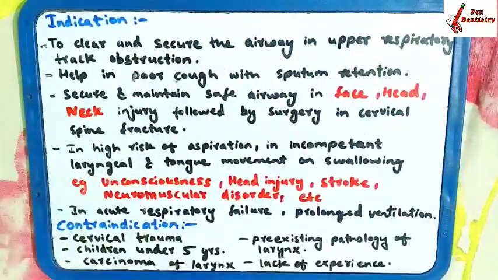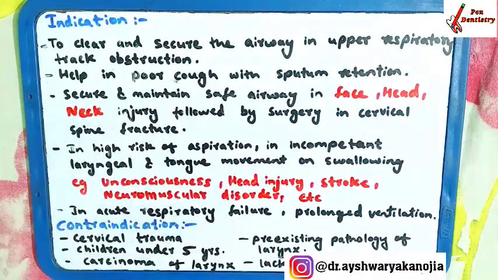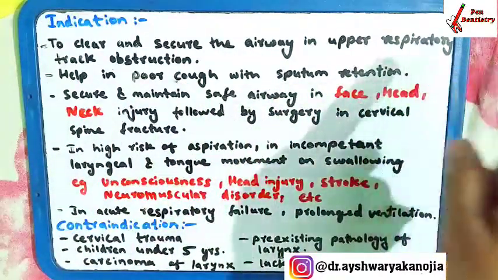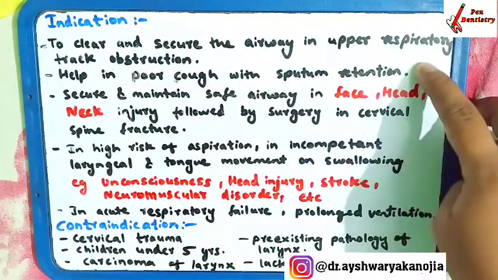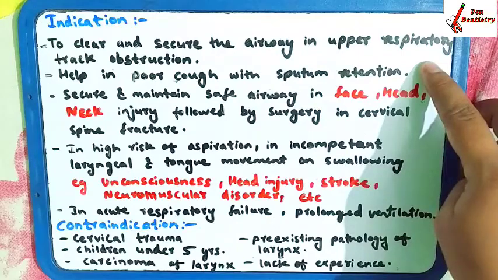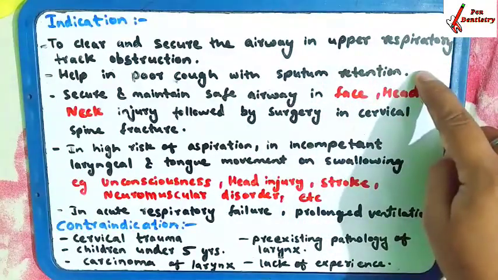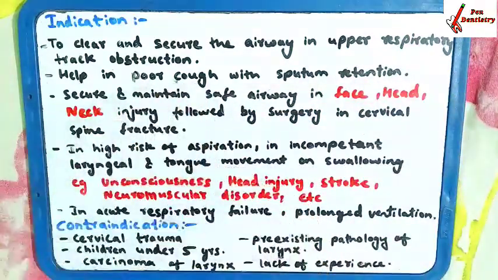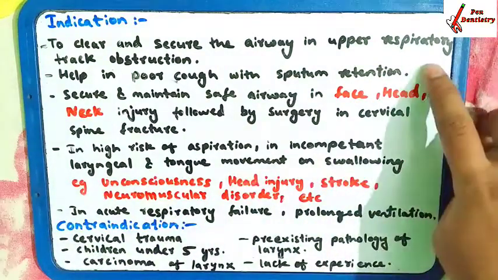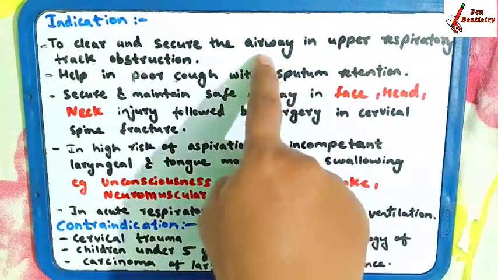It helps in poor cough, when the patient has sputum retention. Retention means the sputum is stuck in the respiratory system and is not coming out. At this time we use the tracheostomy for the easy passage of air.